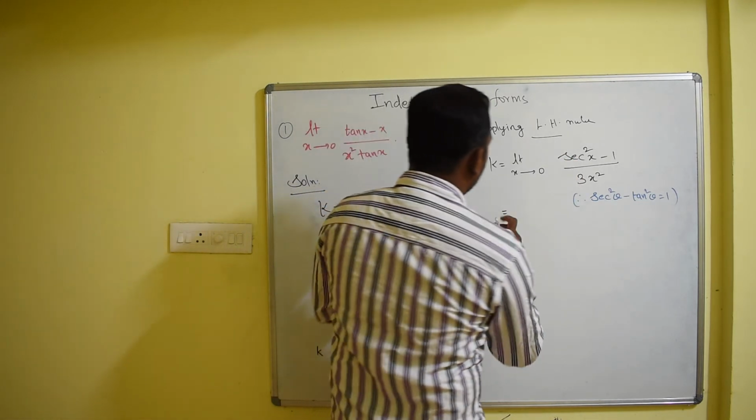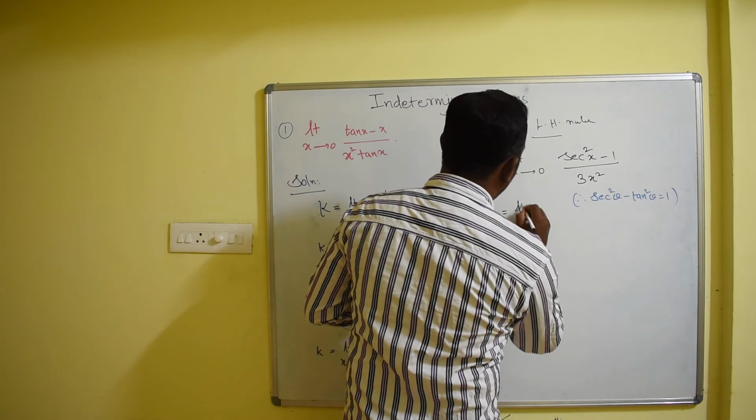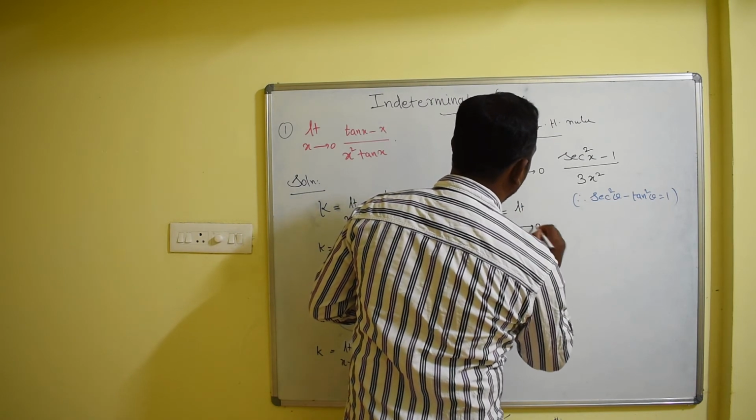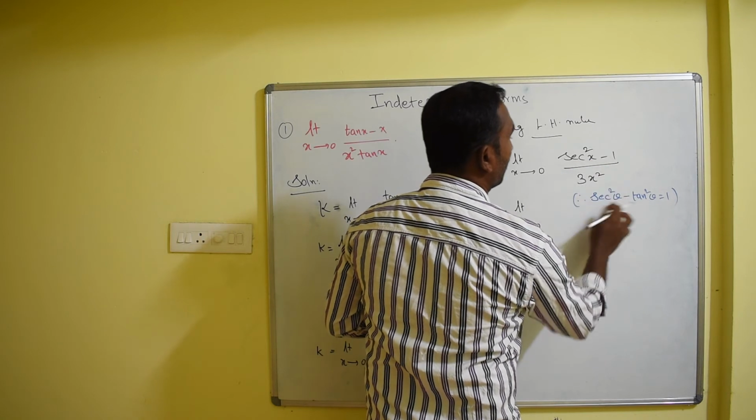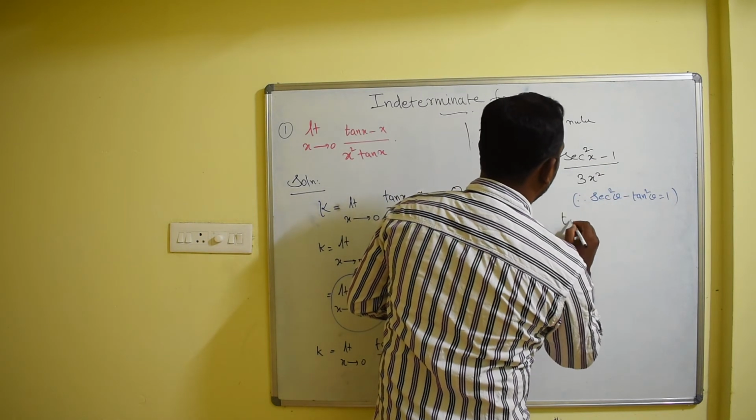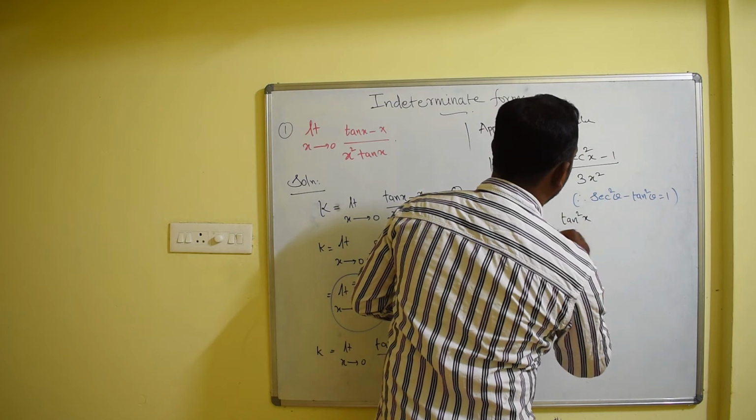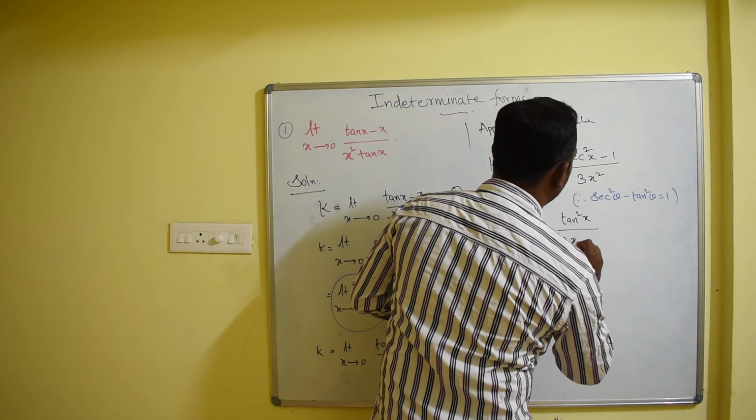So we can write k is equal to limit x tends to 0 of secant square x minus 1, which according to this formula is tan square x, divided by, already we have, 3x square.